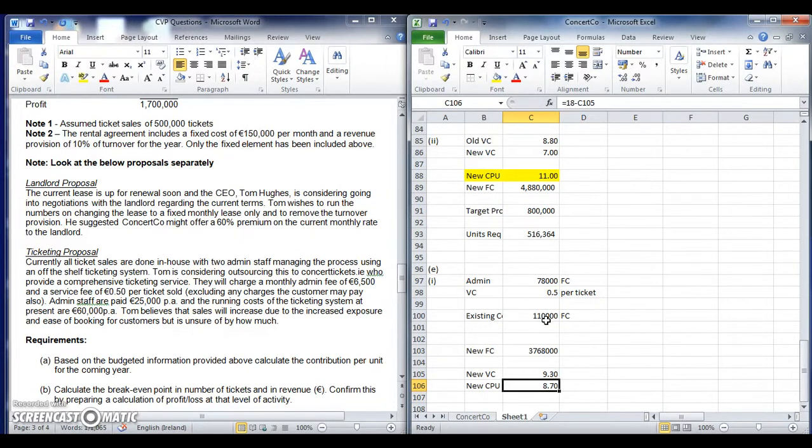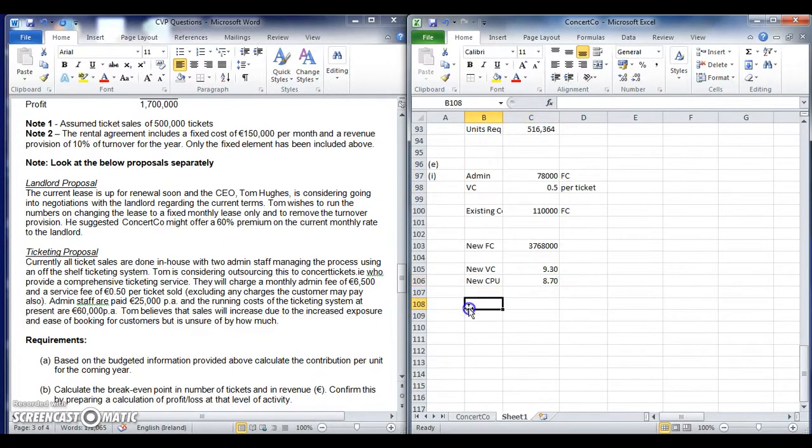So your contribution per unit slightly falls with this new arrangement, and now the break-even point is essentially your fixed costs over your contribution per unit. So based on this, your break-even is 433,000 tickets.